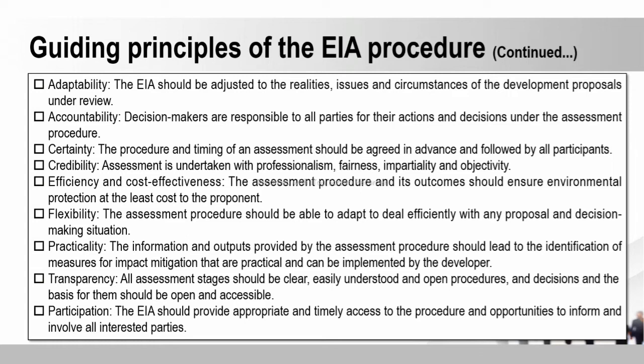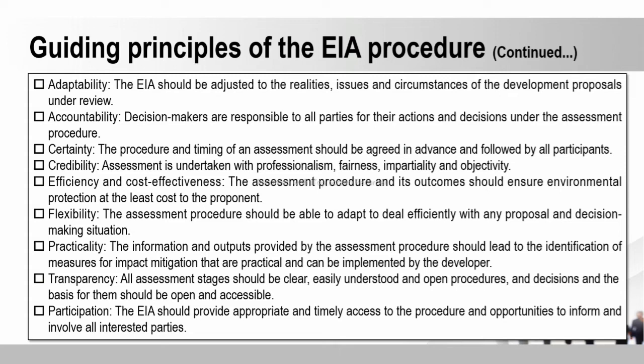Then certainty. The procedure and timing of an assessment should be agreed in advance and followed by all participants. Then the next principle is credibility. Assessment is undertaken with professionalism, fairness, impartiality, and objectivity. So it is important that the EIA should be credible enough in order not to draw problems, issues, and concerns related to the procedure.